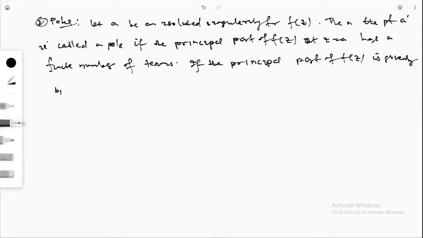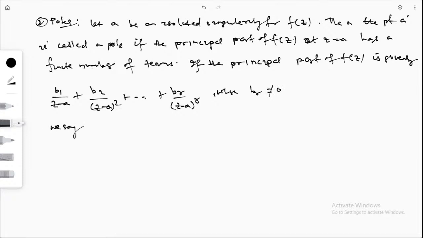So if the principal part is given by b1 divided by z minus a plus b2 divided by z minus a square plus and so on up to br divided by z minus a to the power r, so if the principal part contains terms like this, where the last term br is not equal to 0, then we say a is a pole of order r.